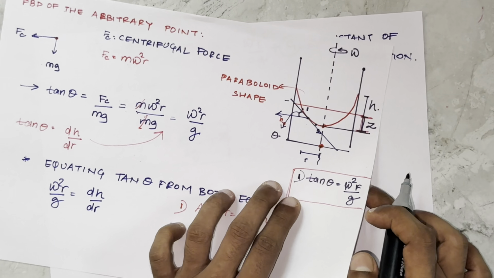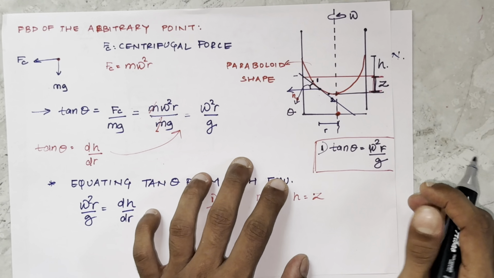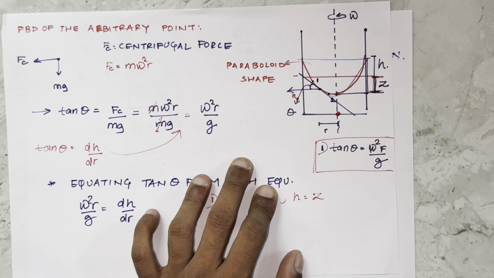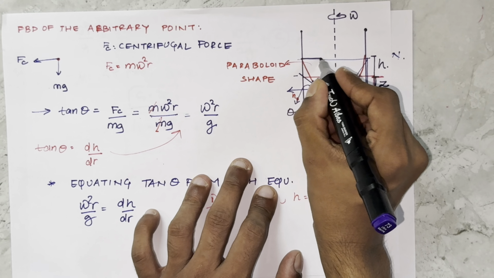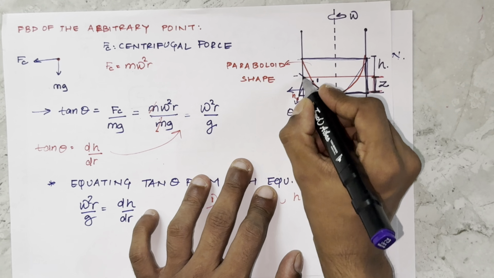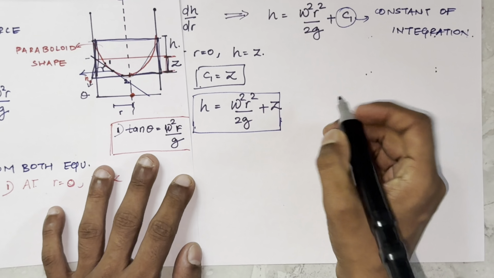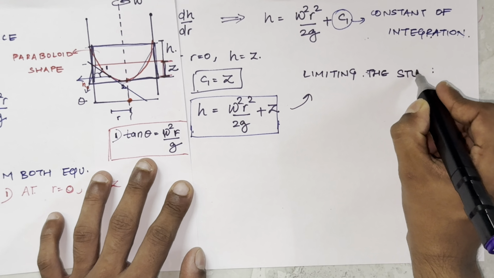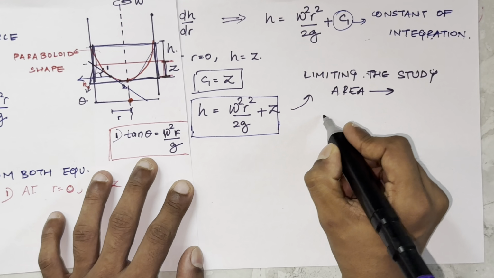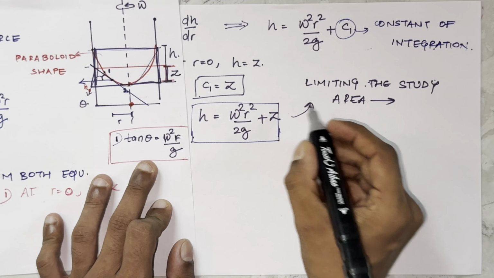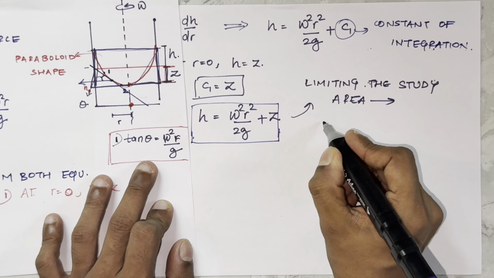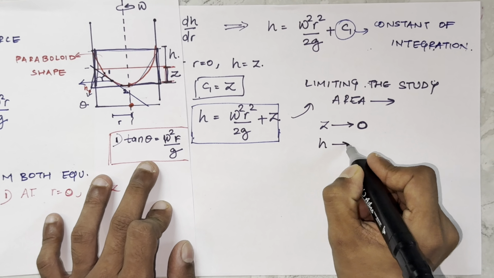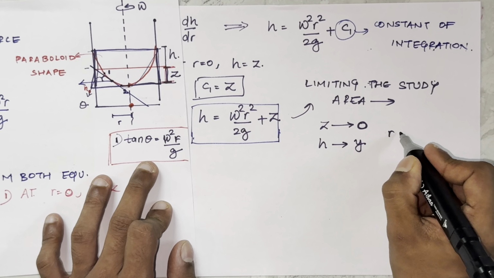If we limit our case study to this much portion only, looking at the diagram, we can write z is equal to 0, and accordingly h can be written as y, and r can be written as a function of x.